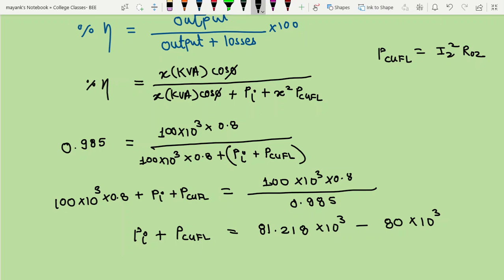Ultimately this will become 1.218 into 10 raised to the power 3, or I can simply write 1218. So this is iron loss plus full load copper loss. This is equation number 1.